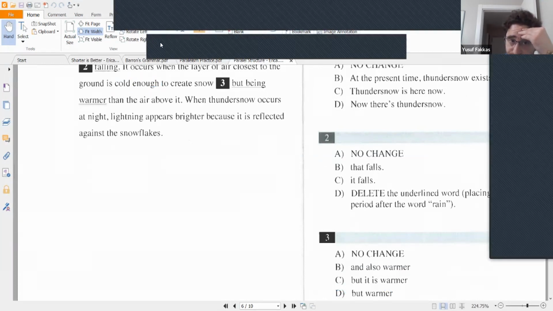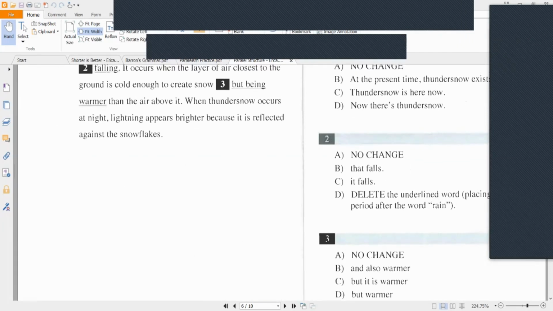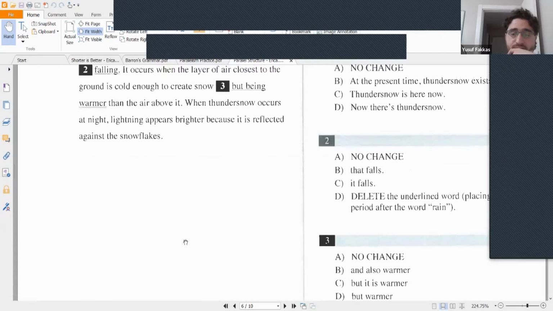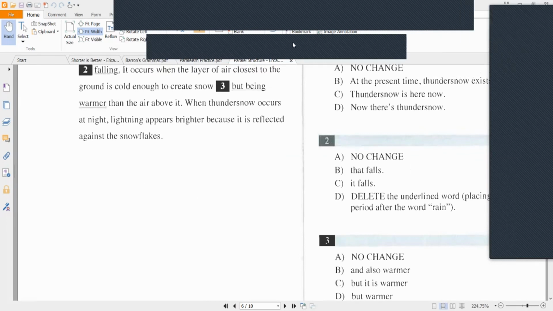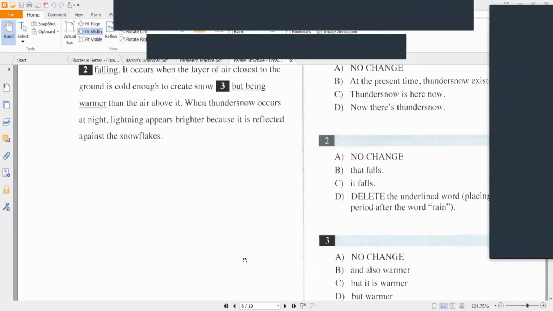Period means full stop. Okay. Why did we choose it? We have a verb, and in choice C we have also a verb. Now, once you choose C, remember that now we have subject and verb. So we should have a comma before the fanboy, but here we don't have a comma, so we cannot choose it. D. Okay.